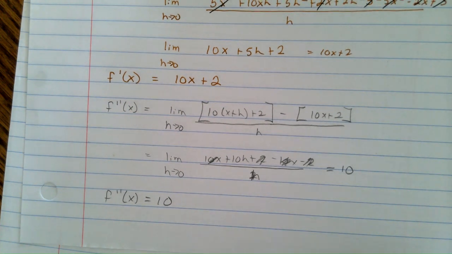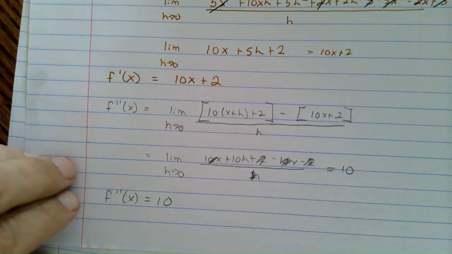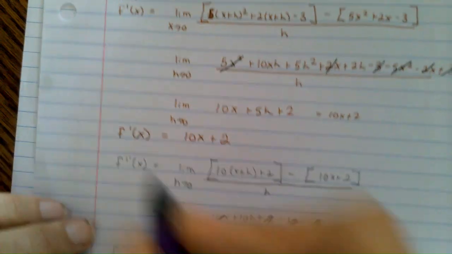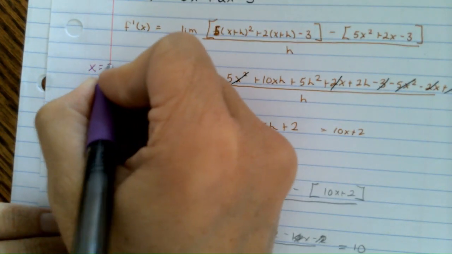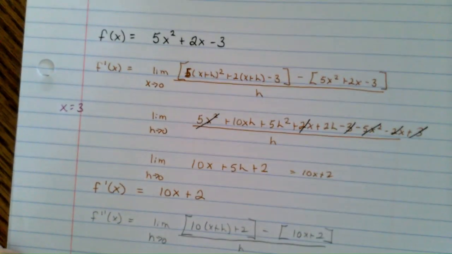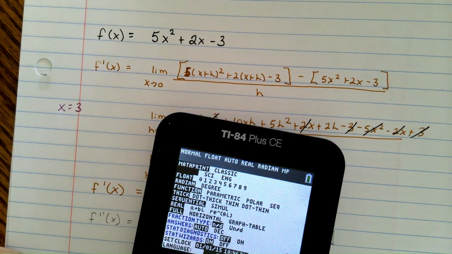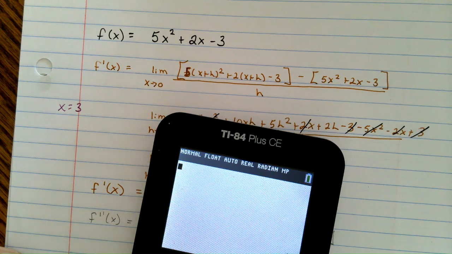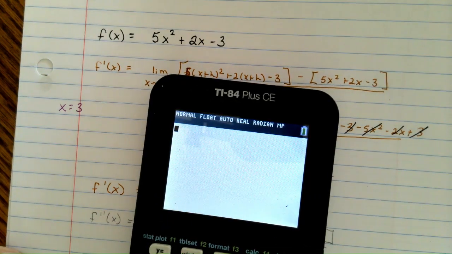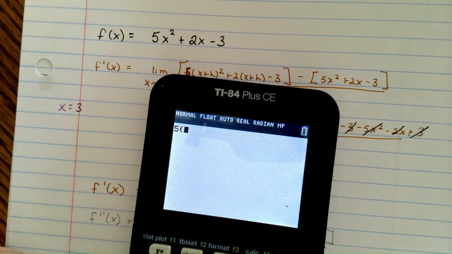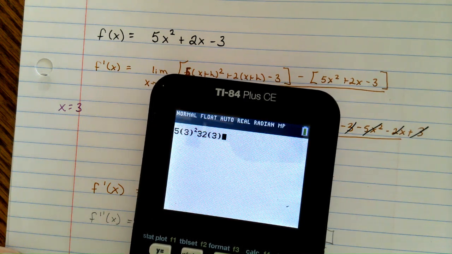Okay, now let's say I used x equals 3. Okay?